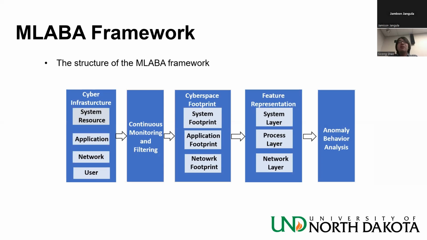These refer to the selected measurements that respectively record the system, application, and network behavior in an informative and accurate manner. After that, the footprints of the three layers are transformed to feature vectors and combined to form the MLBA feature representation model, which is used to learn our deep learning based anomaly detection model.